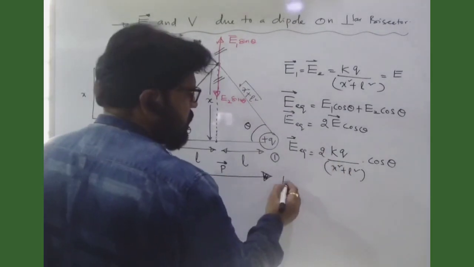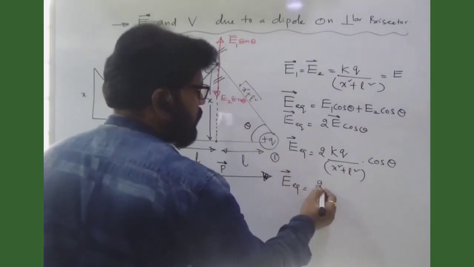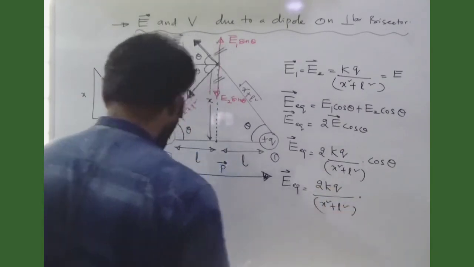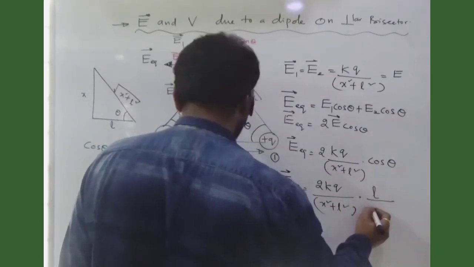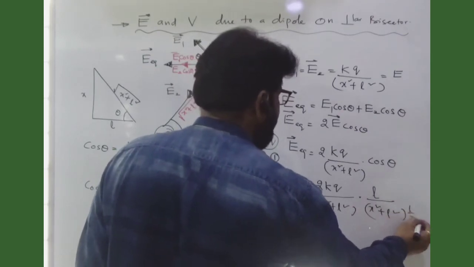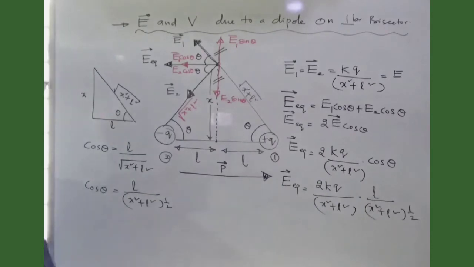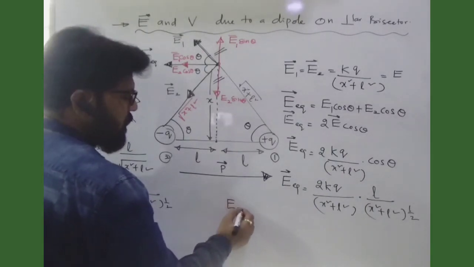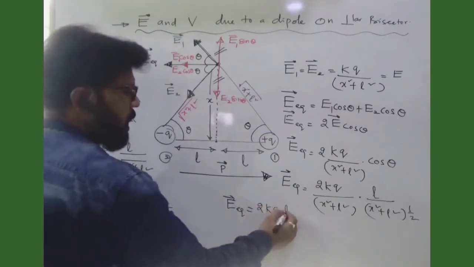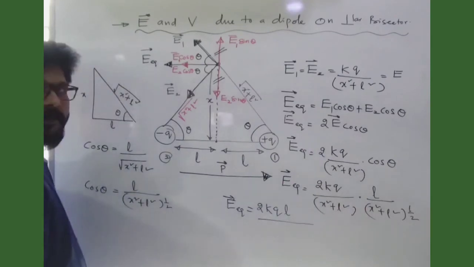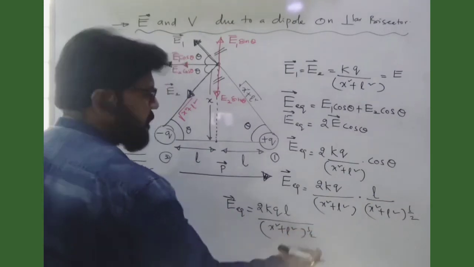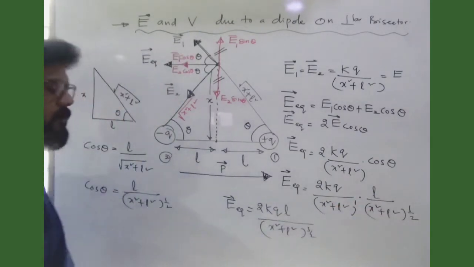So E at equatorial, now what is it becoming, look: 2KQ divided by x square plus L square, and in place of cos theta we can substitute L by x square plus L square whole to the power of 1 by 2. Now E equatorial is equal to 2kq into L divided by, in the denominator, x square plus L square whole to the power of 3 by 2. Right, 1 plus 1 by 2 is 3 by 2.